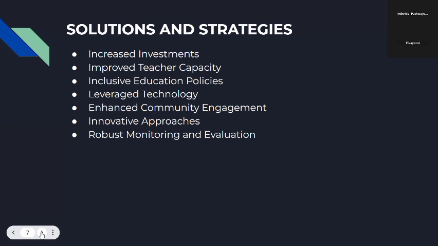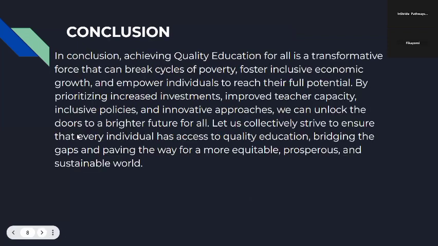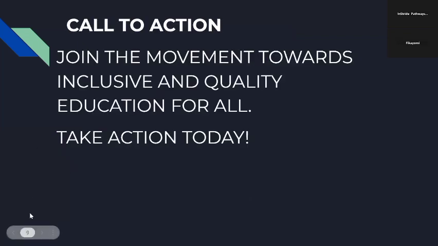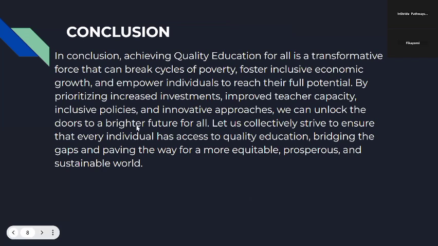So keep thinking critically, keep looking for ways that you can help achieve this SDG. And the last one here is robust monitoring and evaluation. Then I'm moving to the conclusion now.